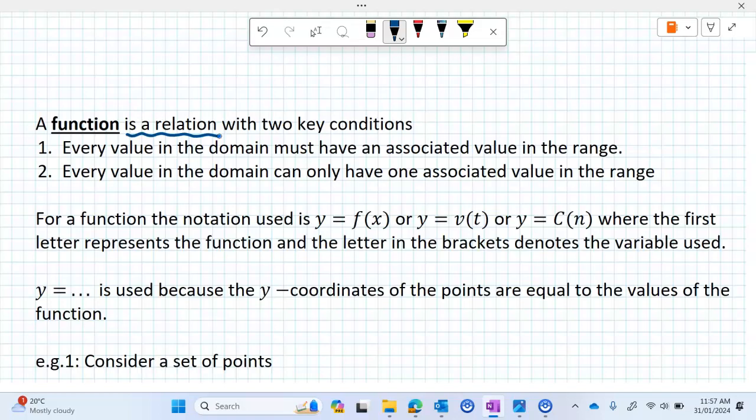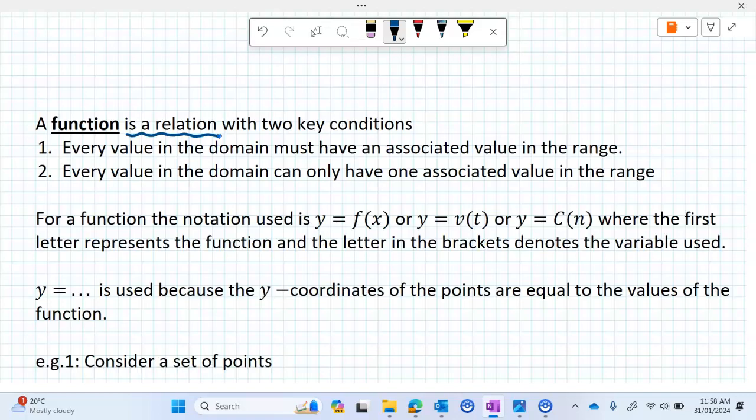But first of all, let's just talk about notation. For a function, often the notation we use is y equals f of x, or v of t, or c of n, or anything really, where the first letter represents the function, to differentiate it so we can talk about different functions, and the letter in the brackets denotes the variable used.